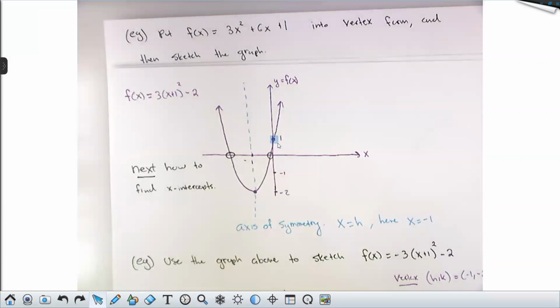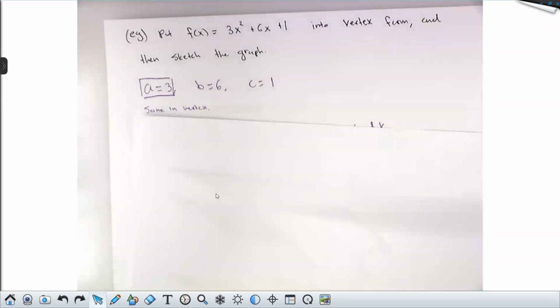The y-intercept is never hard. You just plug in 0 for x. If you plug in 0 for x, these terms go away, and you get 1. Finding the y-intercept is always easy. Just plug in 0 for x, and that's true for any function. X-intercepts are a whole other ballgame. There are a few strategies for finding x-intercepts.